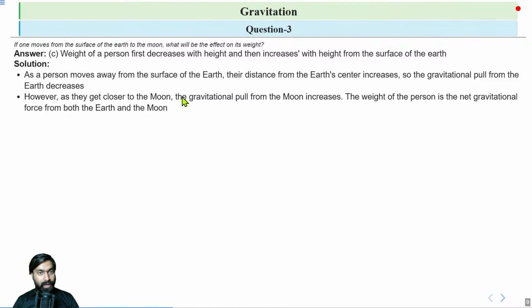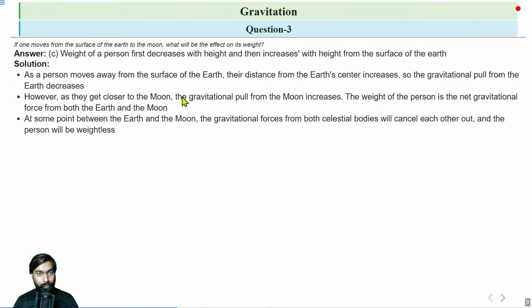However, as they get closer to the moon, the gravitational pull from the moon increases. So the weight of the person is the net gravitational force from both the earth and the moon.